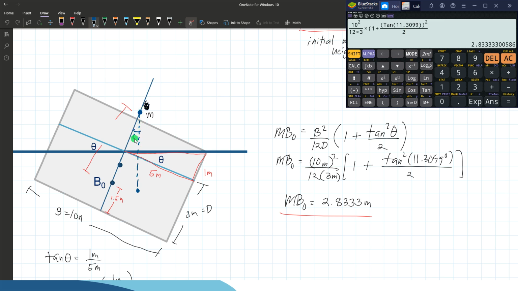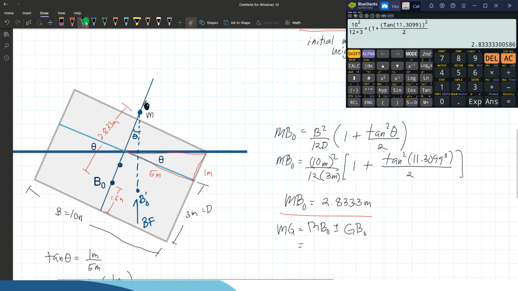So that angle is the same as the angle of tilt. This is your new location for the center of buoyancy, and this is your buoyant force, measured 2.833 meters. So the metacentric height MG equals MBO plus or minus GBO.